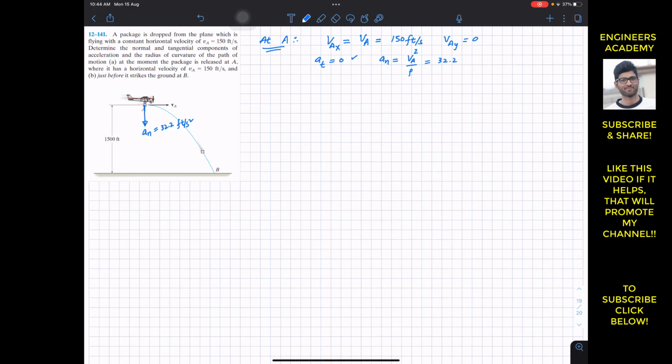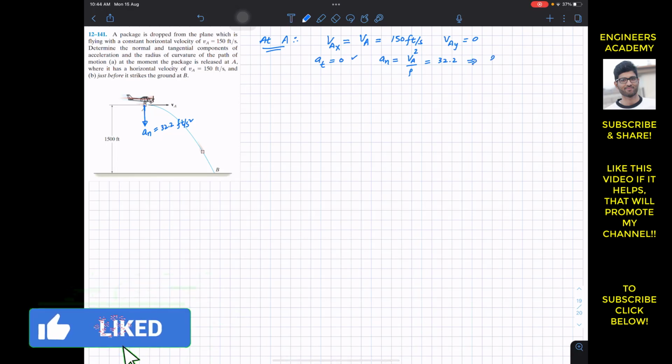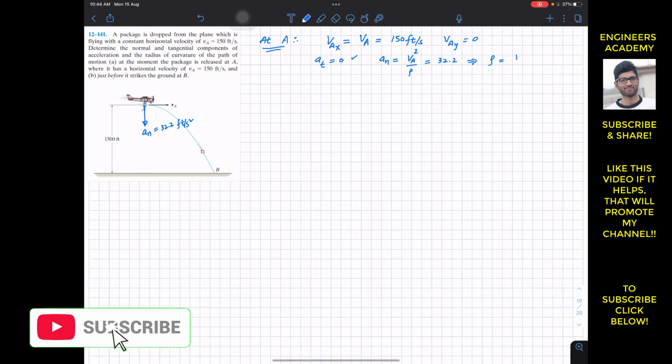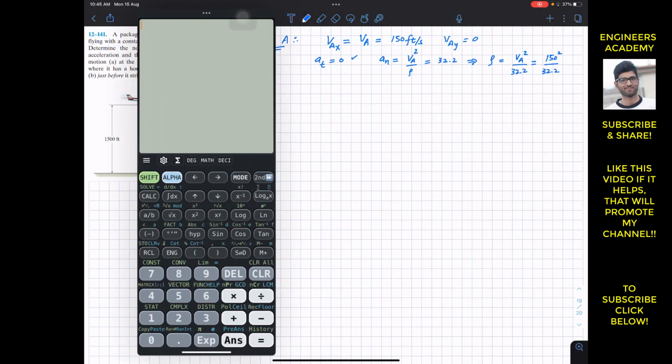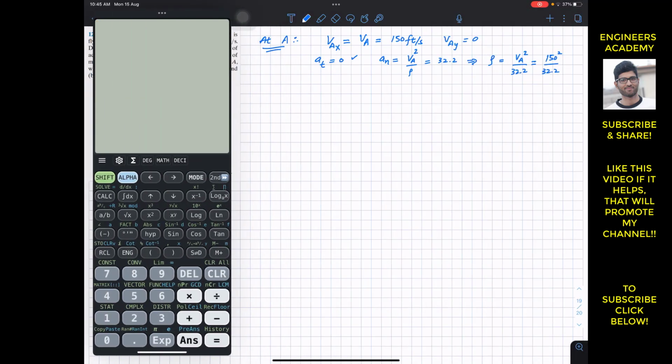Now we are asked to find the radius of the curvature. We know VA, so from this equation we can write that the radius of the curvature is equal to VA square divided by 32.2, and VA is 150, so this is 150 square divided by 32.2.